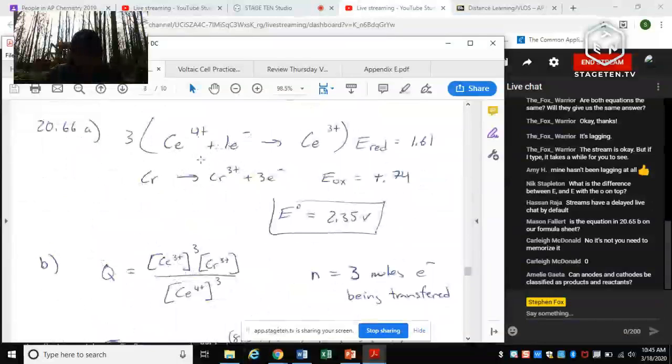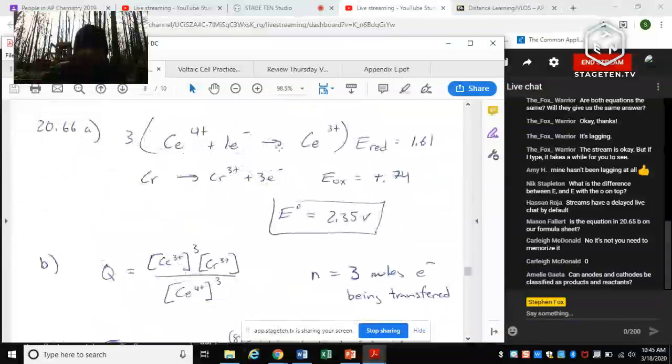First off, what's N going to be in my Nernst equation? N's going to be 3. For this reduction reaction, it was 1 electron, but remember, if I'm adding this equation to that equation, I've got to triple this so the moles of electrons cancel out. So my N value isn't 1, my N value is 3.